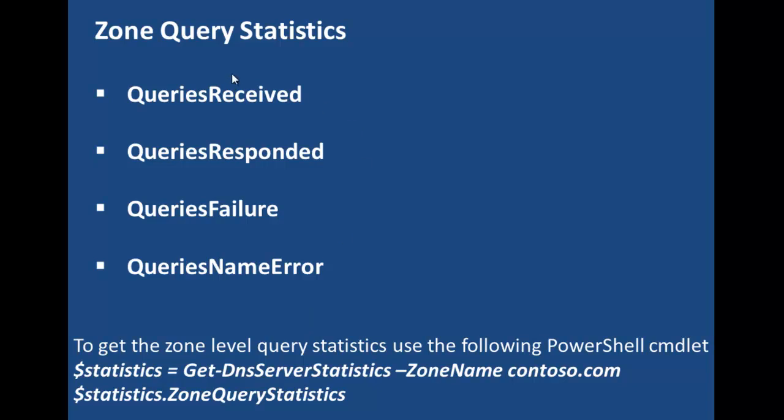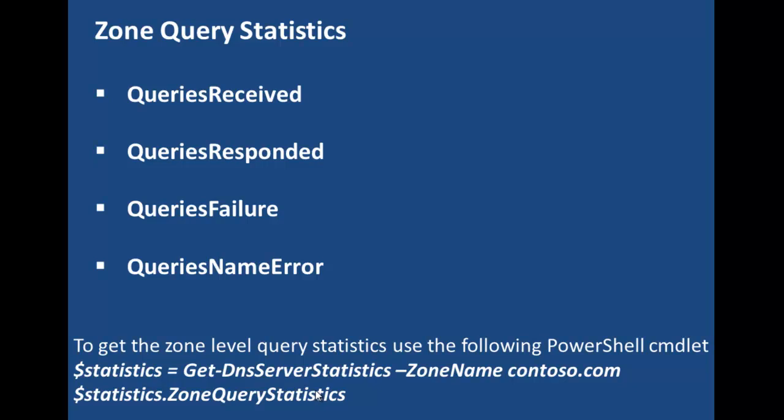Now, we said that we use PowerShell to analyze these statistics. So for the zone query statistics, you would use the PowerShell command, $statistics, which means you're saving it in a variable, equal Get-DnsServerStatistics, space hyphen ZoneName, and then you will type the name of your zone. And then you would run the command $statistics.ZoneQueryStatistics.